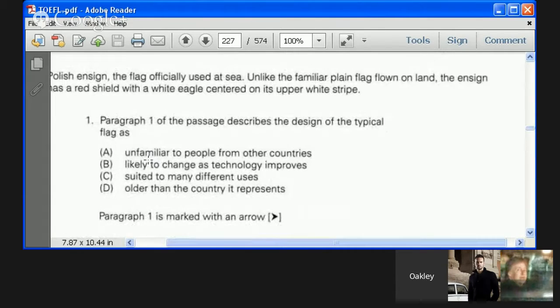Does that mean flag design changes as technology improves? No. The text doesn't say that they change the flag. The flag is used in combination with technology. It's used, it's not changed. Notice how frequently, you're right, you said "is used," and in the answer, it "changes."